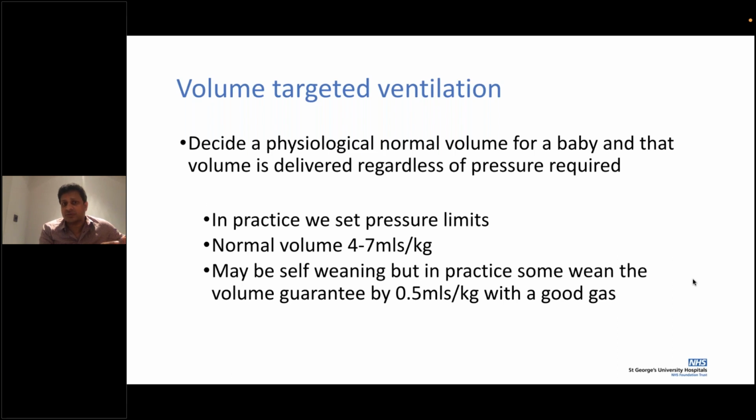But you must allow the ventilator to give that additional pressure that is required to reach that 5 mls per kilo. So on one breath, you may need pressures of 23. On the other breath, you may need 27. So you may need to set your target or maximum pressure at 27, 28, on some occasions up to 30, depending upon how much the baby needs and what the lung compliance is.